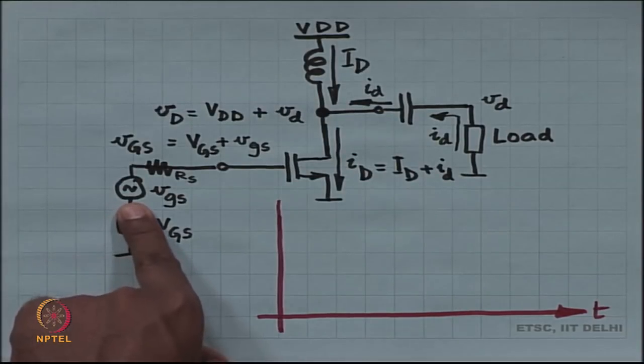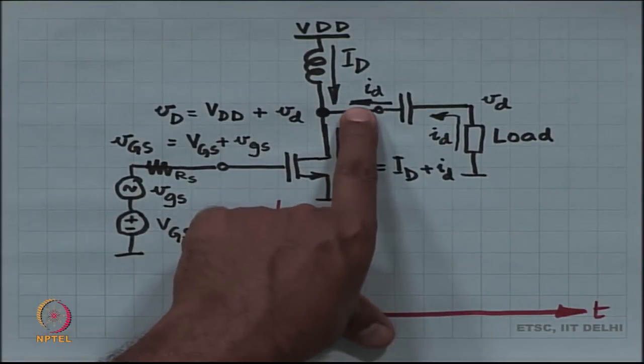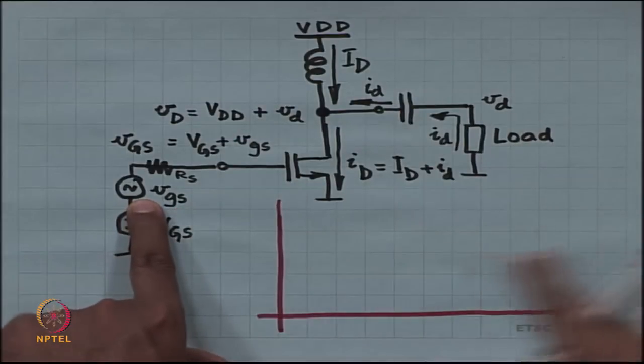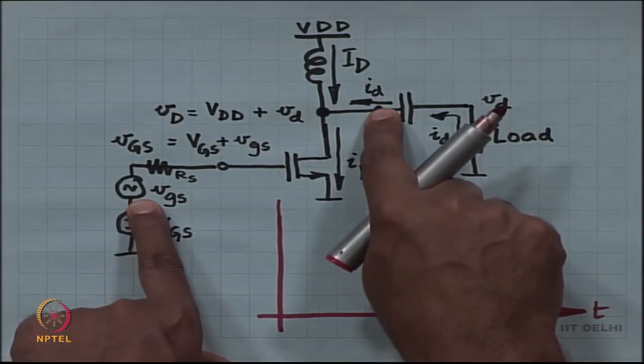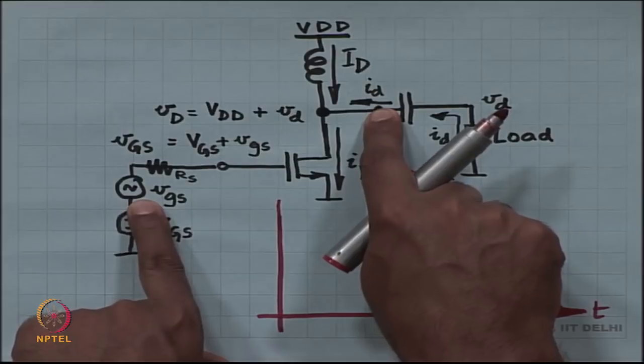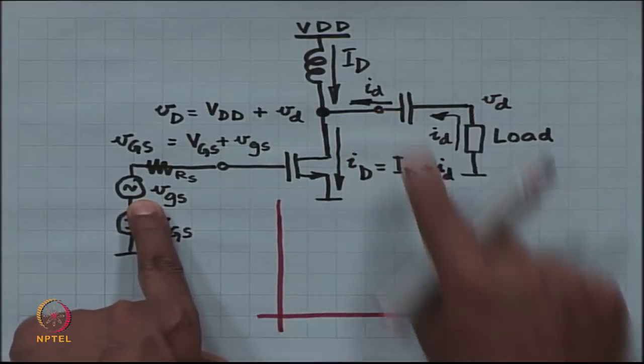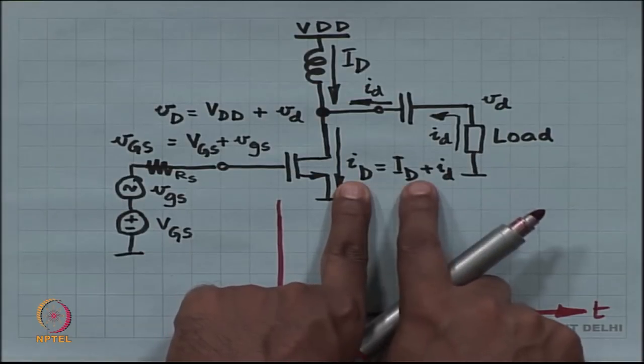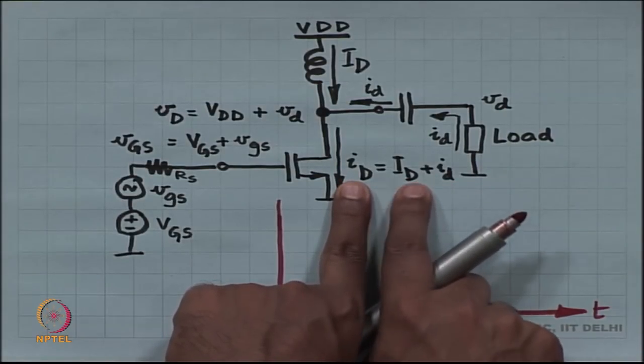If I decrease small VGS, then small i_d is going to decrease, right, below 0. If I make small VGS go below 0, then small i_d is going to go below 0, right. Then the net I_D is going to go below the bias current, right.